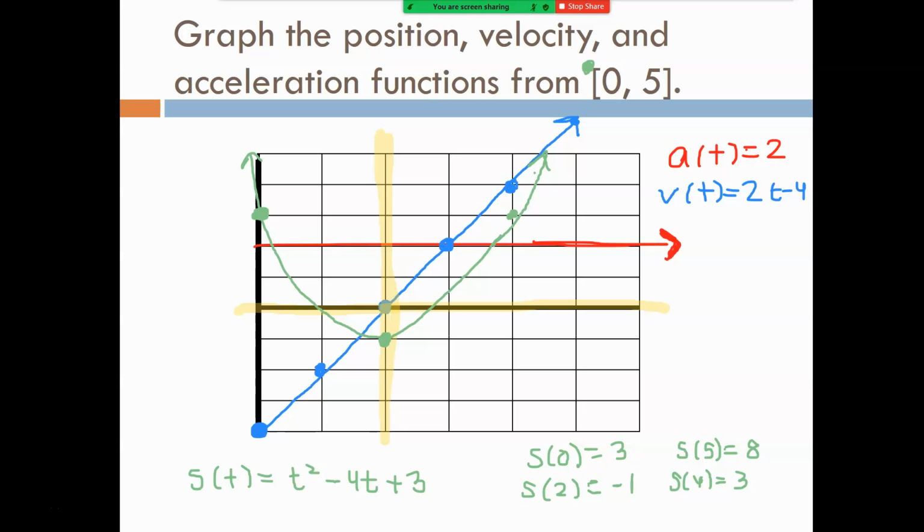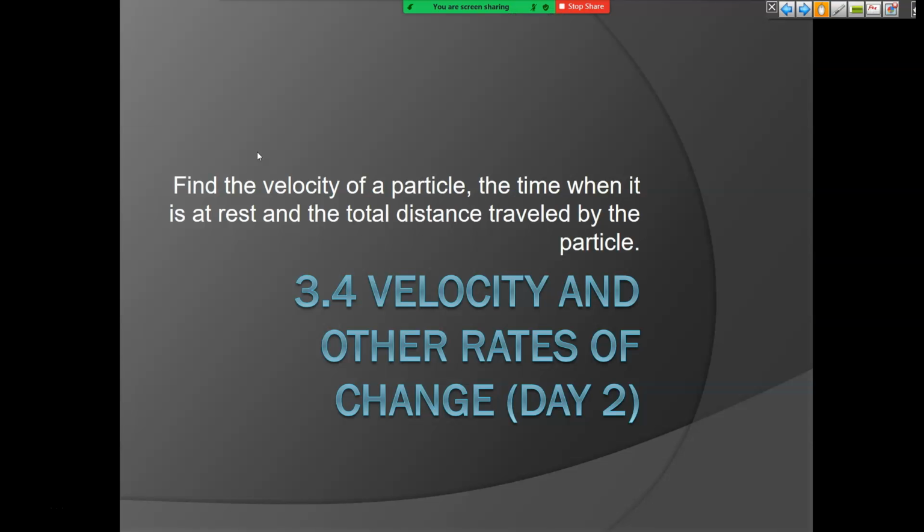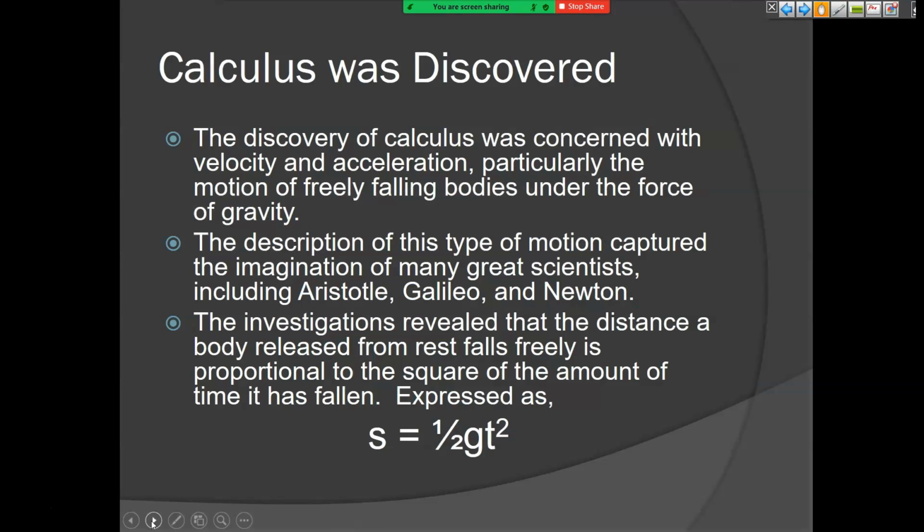Correct. Green is position, velocity is blue, and acceleration's red. So honestly, all we're doing is extending our ideas, concepts, and knowledge about position, velocity, and acceleration today. And the discovery of calculus was concerned with velocity and acceleration.